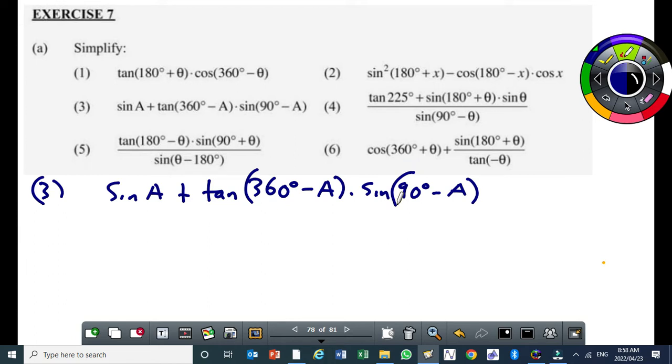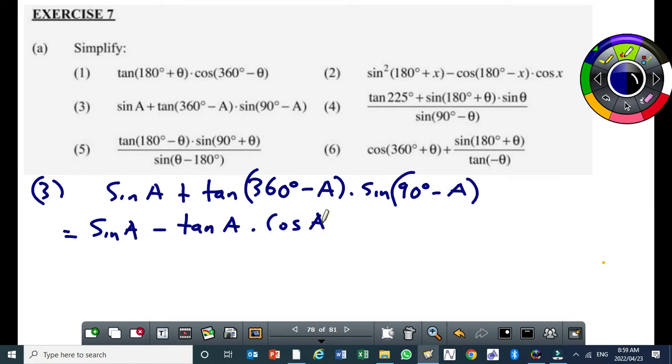So, for this question, the first term is already simplified, so this will be sine A. Then here we must use reduction. Remember, this A must be acute. So this whole angle here is in the fourth quadrant because A is acute. So that will be minus tan A. Times, now this is a coratio, sine 90 minus A, so that will be equal to cosine of A.